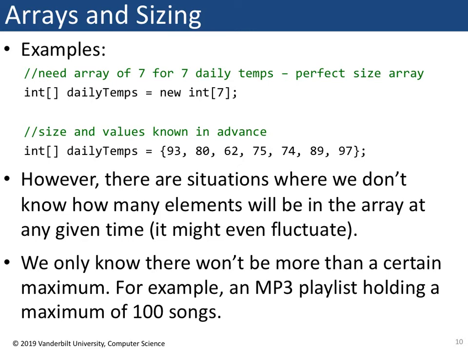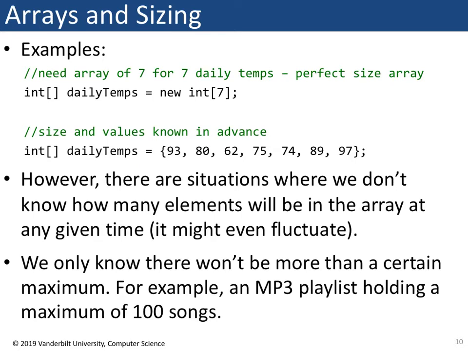We don't know how many elements are going to wind up being in the array. As an example, imagine you're building an MP3 playlist manager, and you don't know how many songs someone will want to put on a playlist. So you don't know what size of an array to build so that each element of the array is a single song.